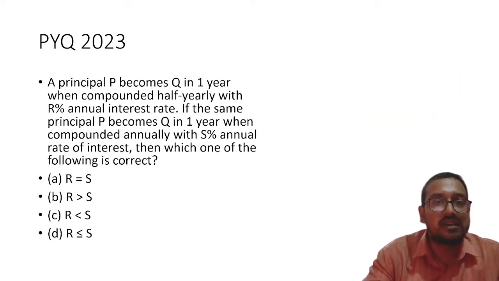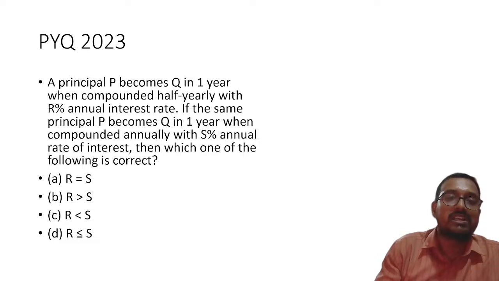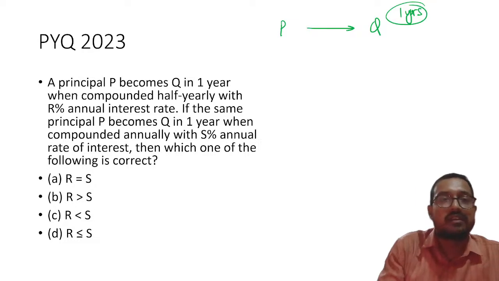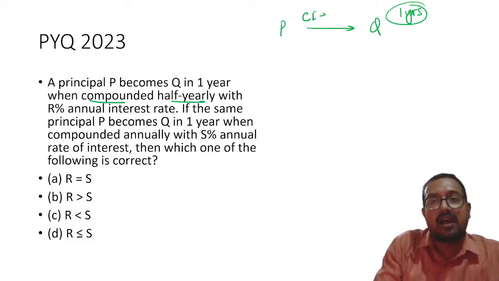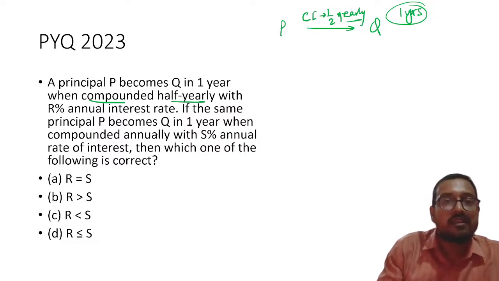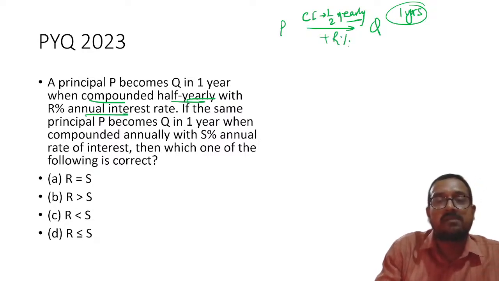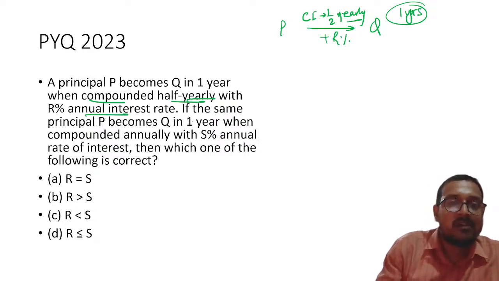Now, my dear students, this is again one question which was very important. A principal P becomes Q in 1 year when compounded half yearly with R percent annual interest rate.